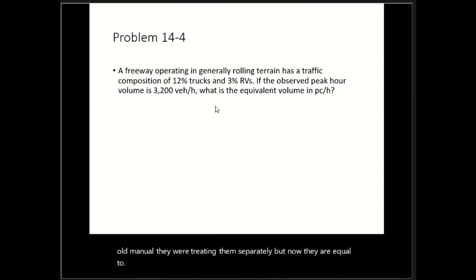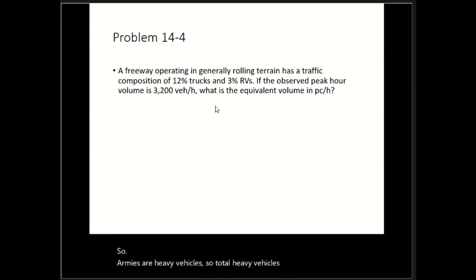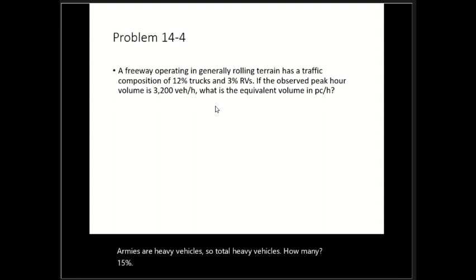RVs are heavy vehicles. You don't have to worry about what they are. So trucks are heavy vehicles and RVs are heavy vehicles. So total heavy vehicles, how many? 15%. So when I say 70% single unit trucks and 30% trailer trucks, it is 70 and 30 of this 15%.